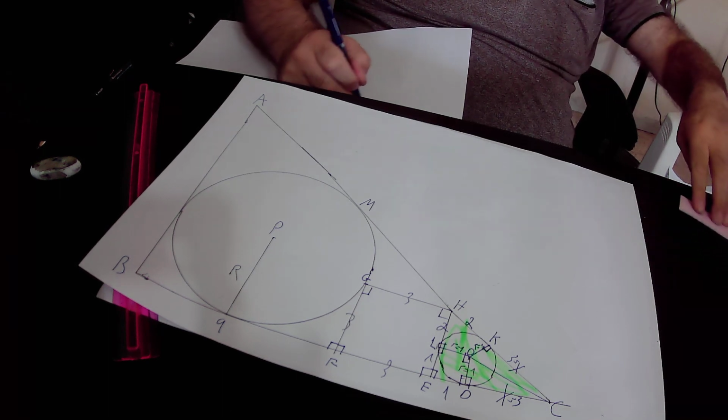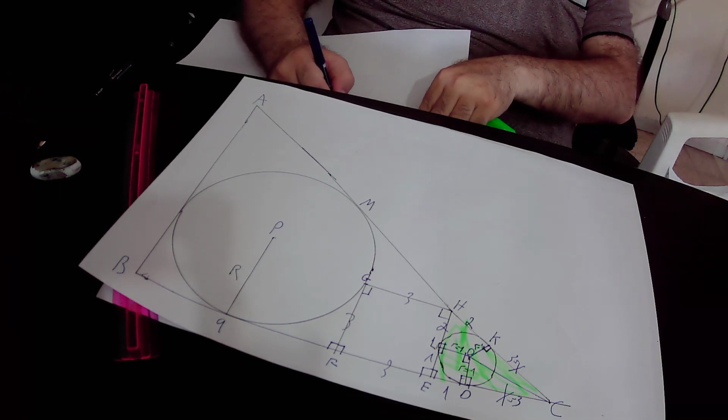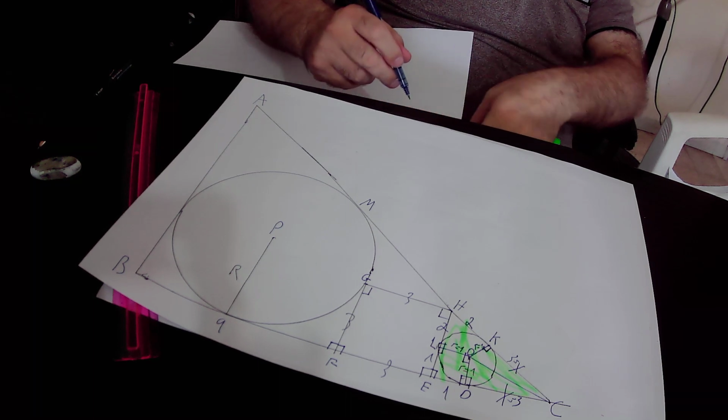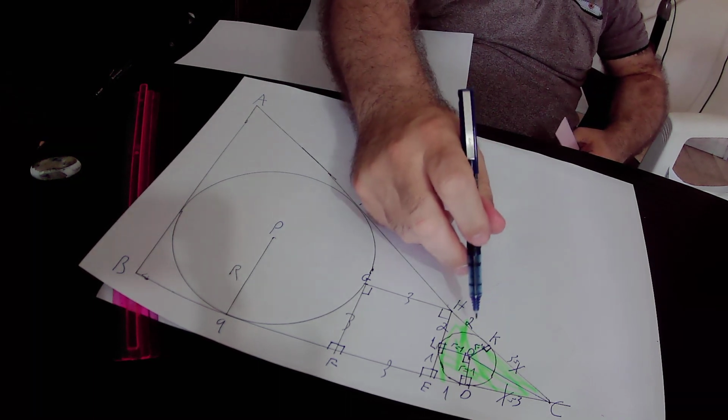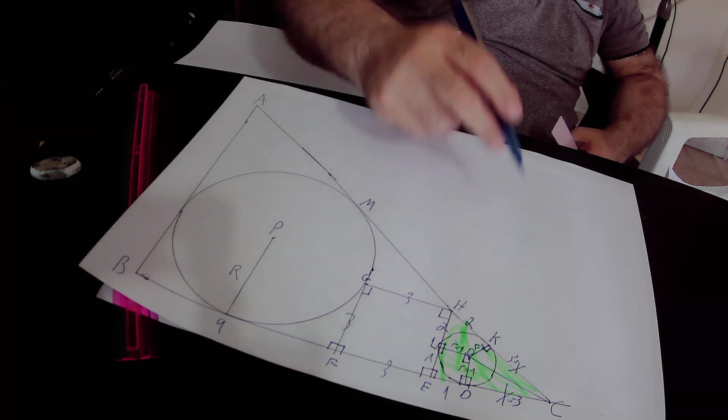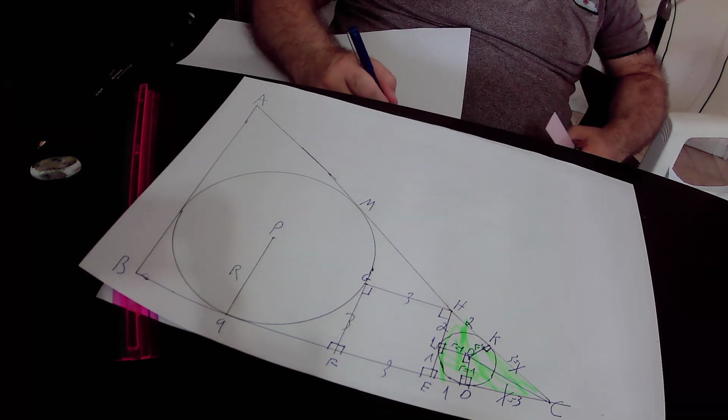So why are those two right triangles congruent? First of all, KO equals OD, they are both the radii of the circle, therefore they are equal to each other. KO equals OD equals 1.